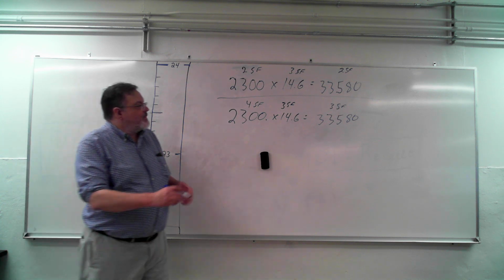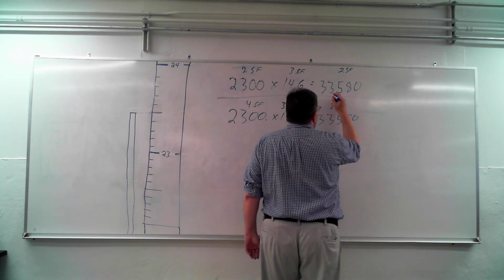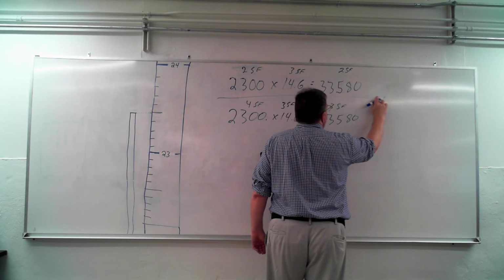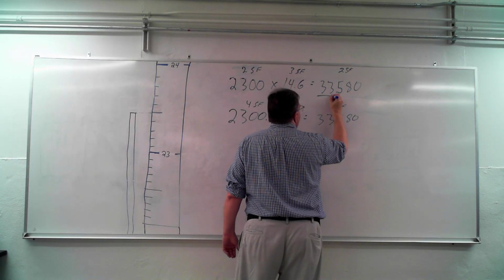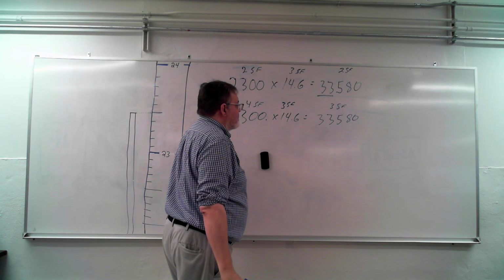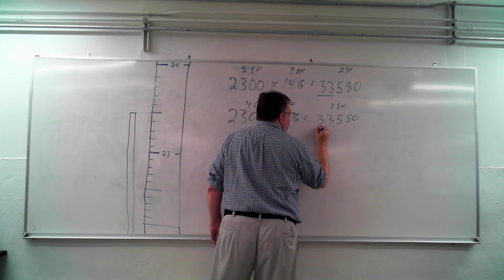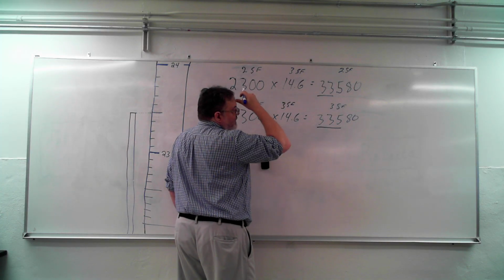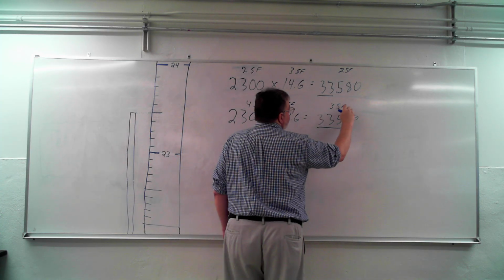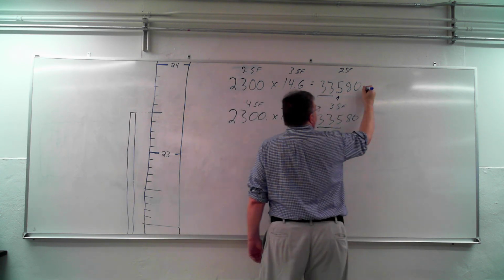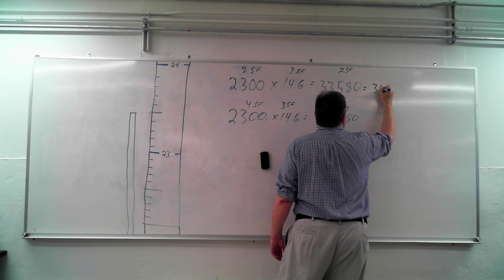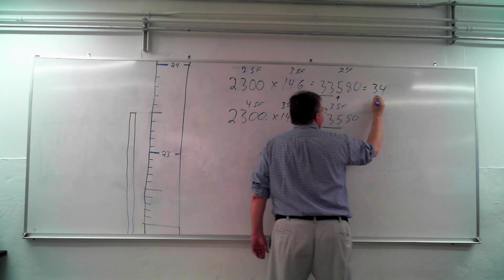But if I need this to be 2 significant figures, what I'm going to do is, I like underlining, so let me get that out of the way. I need those 2 to be the significant ones. And here, I need these 3 to be the significant ones. This 5 rounds up this 3, so my final answer is 3, 4, and the rest of these just become zeros.